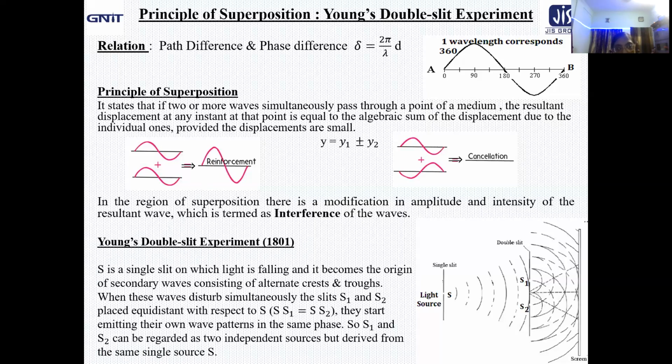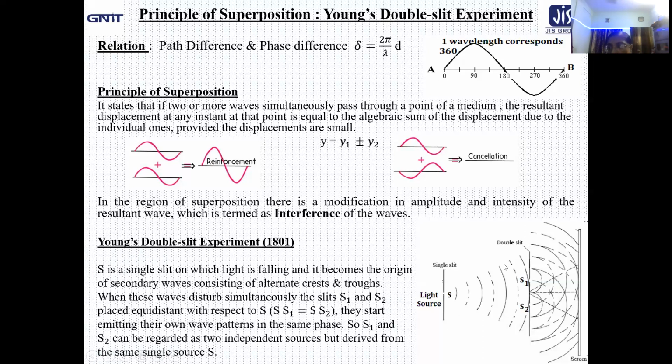You have probably heard that the phenomenon of interference is used in the explanation of gravitational waves too. Okay, now what about Young's double slit experiment? Let us take a look.